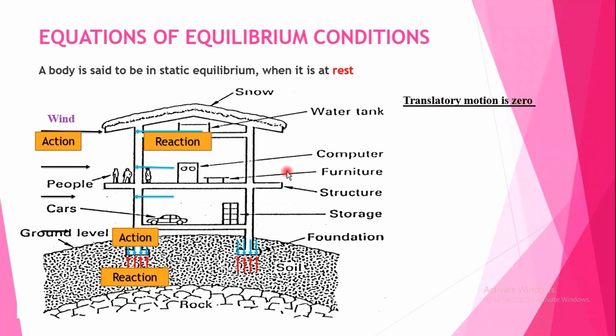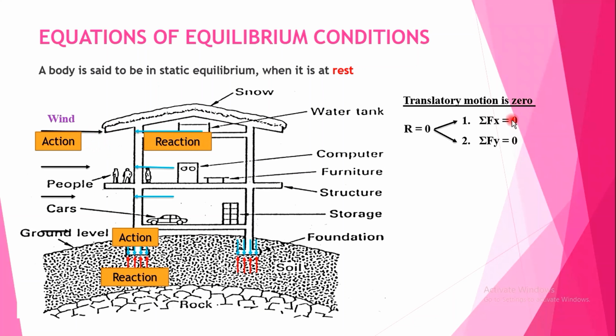So in the mathematical equation we can write that the resultant of all these forces is equal to zero. The meaning of that is summation of Fx is equal to 0, means the algebraic sum of all the horizontal forces is equal to 0. Horizontal force means here we have the wind action and the reaction. These are the two opposite forces. So these two horizontal forces will cancel each other.